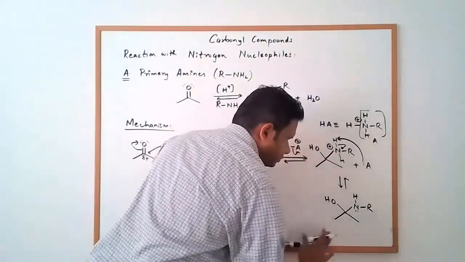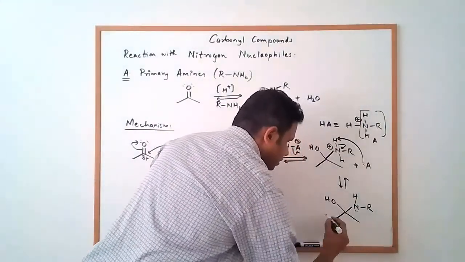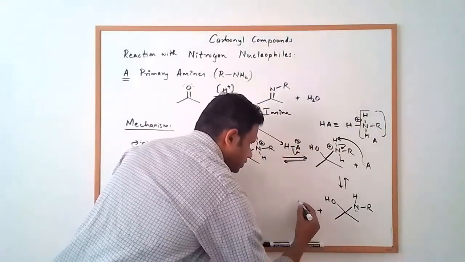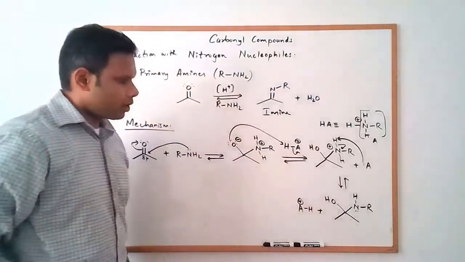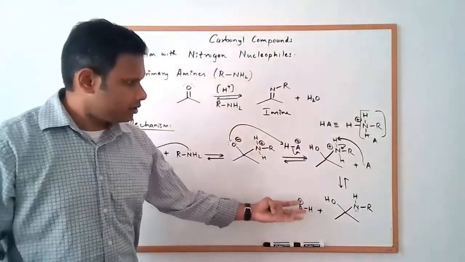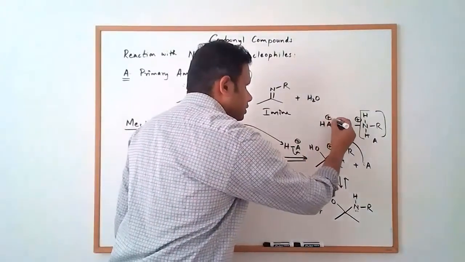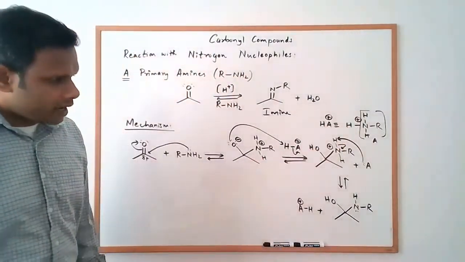Along with it, you're going to get AH, and again a positive charge on A. So we get that acid form of the amine back, HA plus.